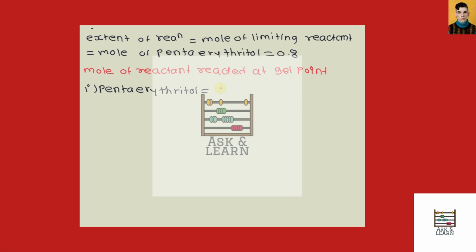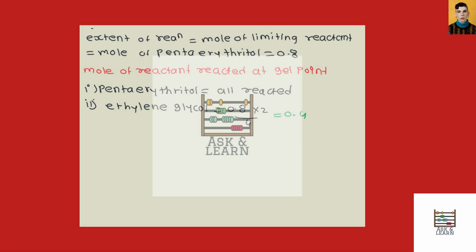So here all are reacted. Then second one is ethylene glycol, which is equal to 0.8 into 2 divided by 4, and by calculation we get 0.4.